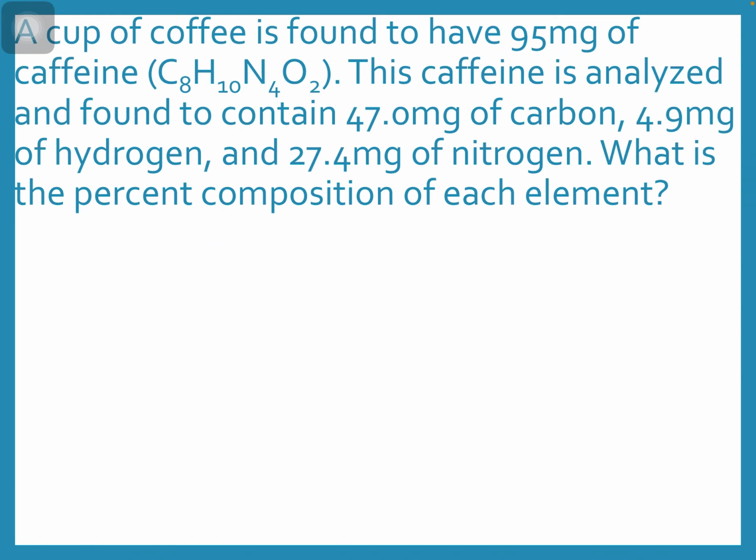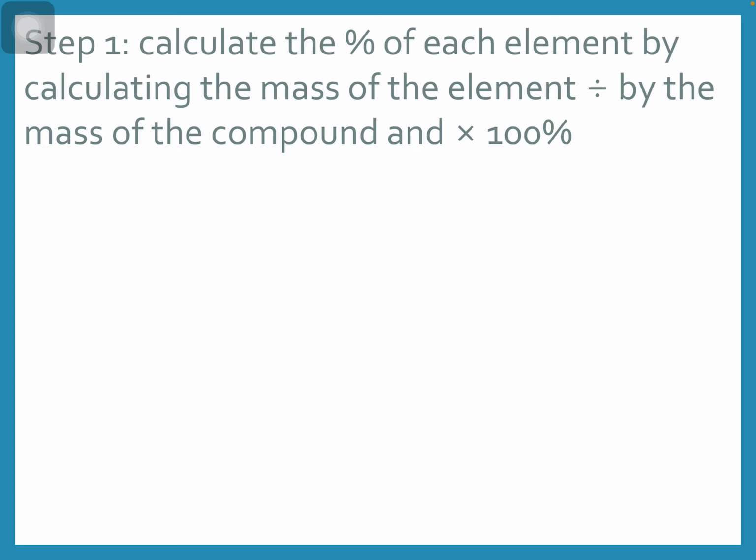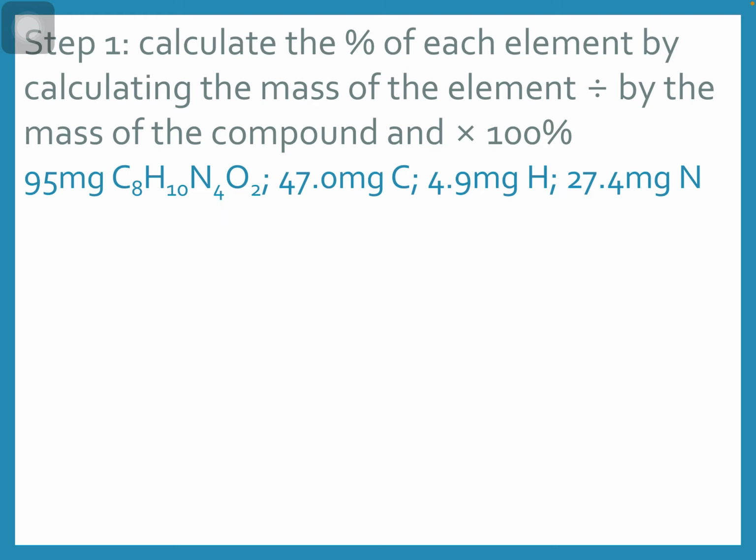Essentially, what percent of the total mass of caffeine, so 95 milligrams, comes from each of the elements? What percent of that 95 milligrams is carbon, what percent is hydrogen, what percent is nitrogen, and what percent is oxygen? The first thing we're going to do is calculate the percent of each element by calculating the mass of the element and dividing by the mass of the compound.